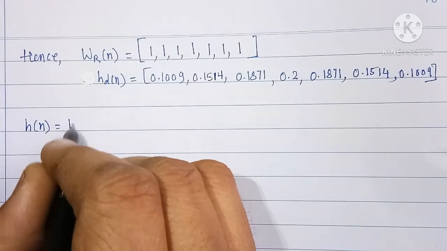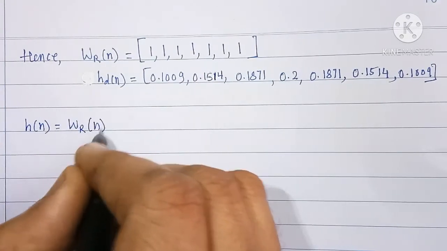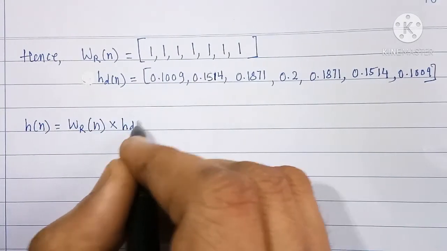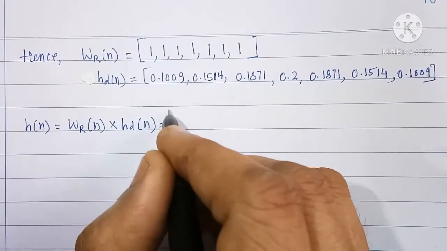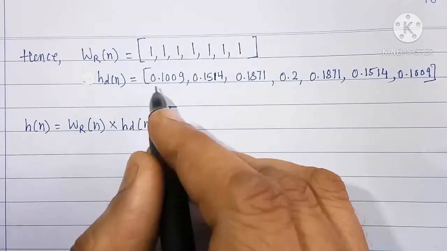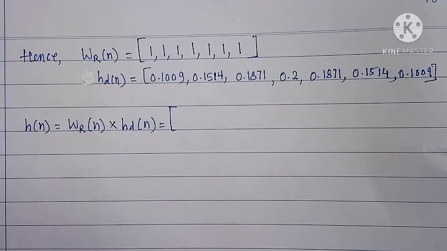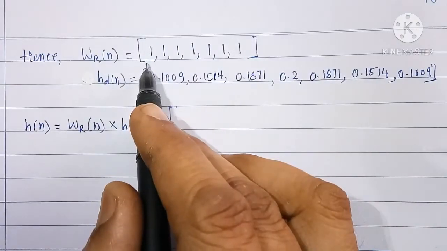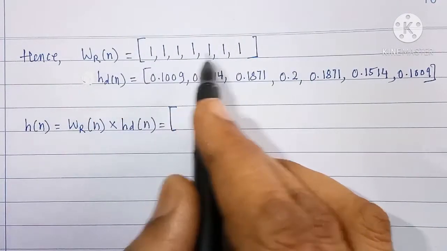H of n equal to WR of n into HD of n, same as that of HD of n, because all samples in WR of n are equal to 1.